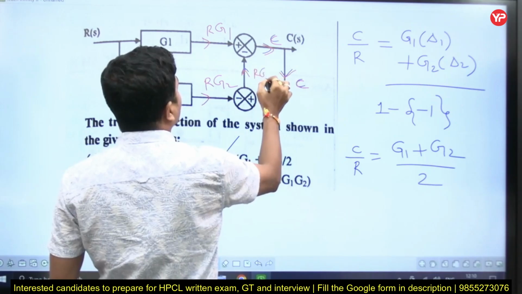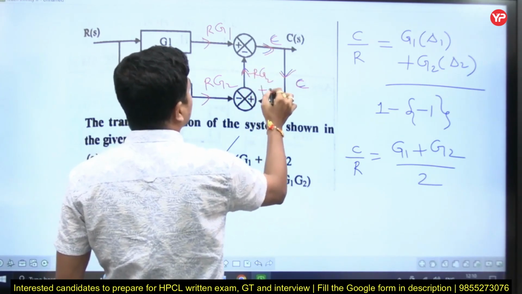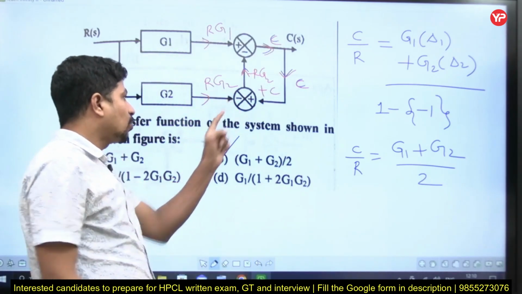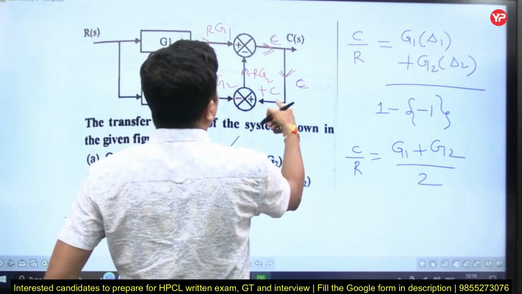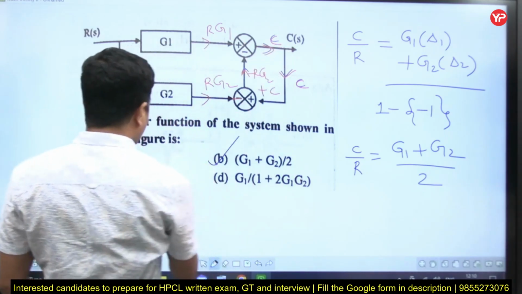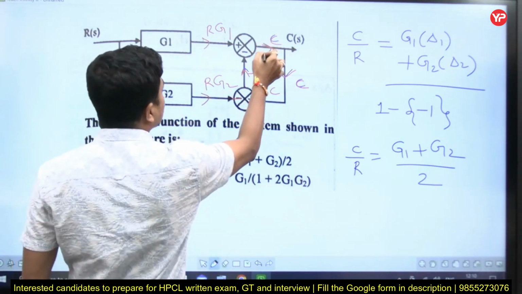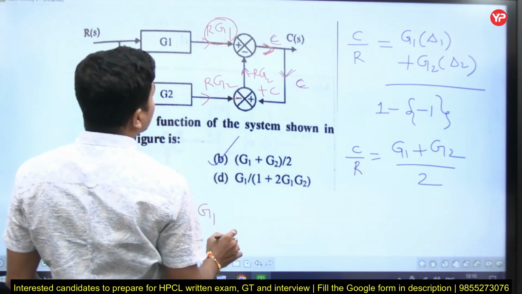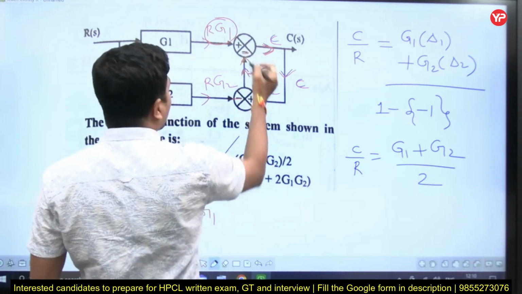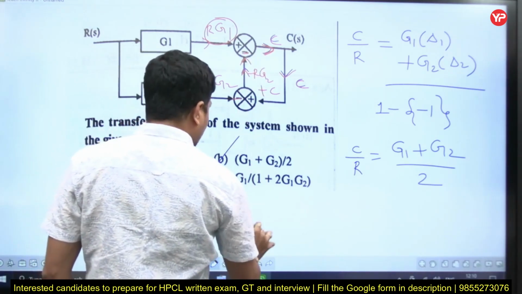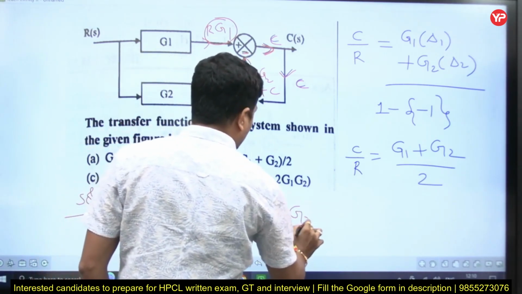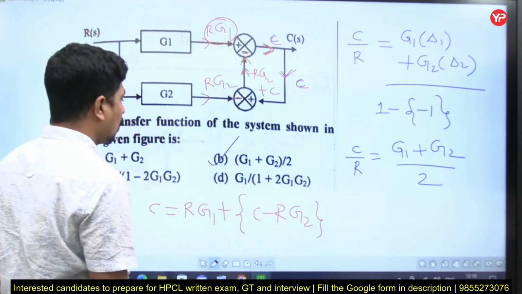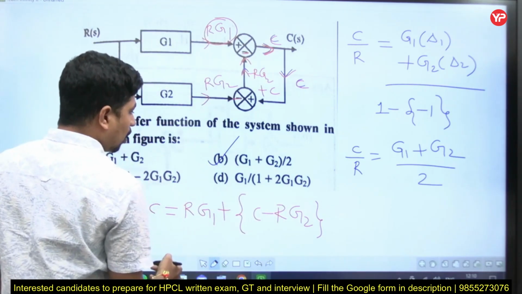This is minus R G2 plus C. Why minus R G2? R G2 is coming to this minus symbol, and this is a plus C. Now here C is equal to, here I am writing the equation, what is the incoming from here? R G1. Now this incoming is coming to the negative. How much am I getting to the negative? C minus R G2. Right? Yes or no? Now get C to this side.